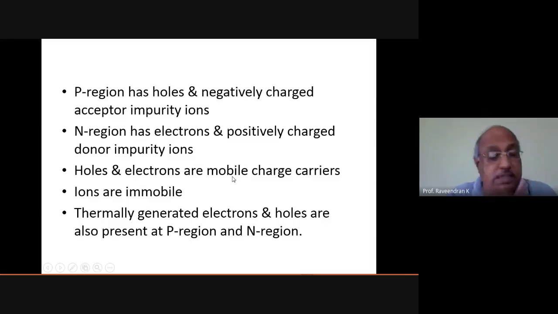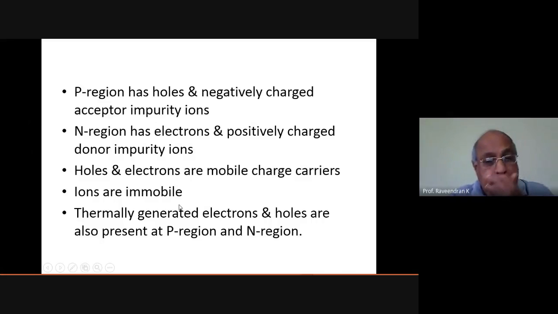What is meant by mobile charge carriers? The mobility of the charge carriers is due to the electrons and holes, and the ions are immobile. What is meant by ions being immobile? Due to the recombination of electron-hole pairs in the valence band, I told you there will be negatively charged ions in the P-type material, and positively charged ions in the N-type material.